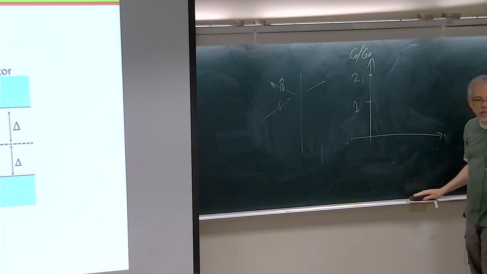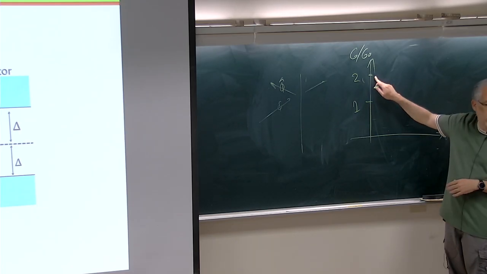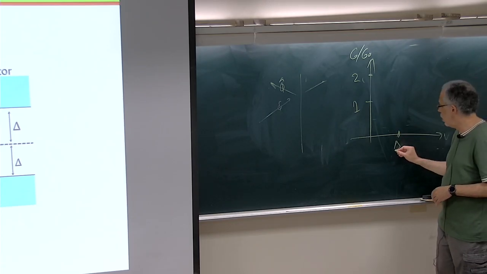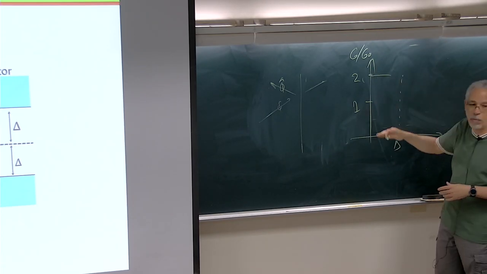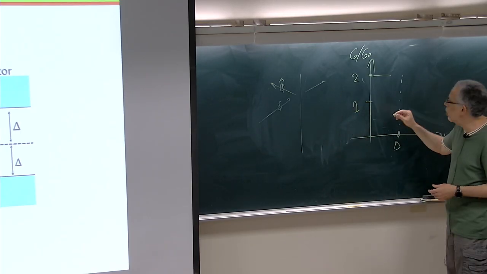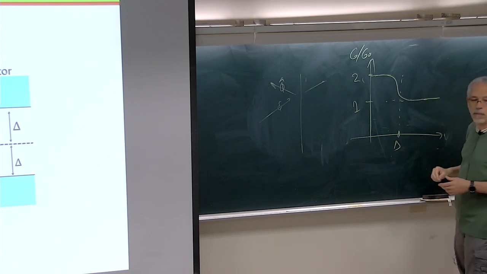If it is completely Andreev dominated, so the only reflection you have is Andreev reflection, then you have 2 below the gap. Above the gap, it's just normal reflection, so you will get 1. It will just go like this.